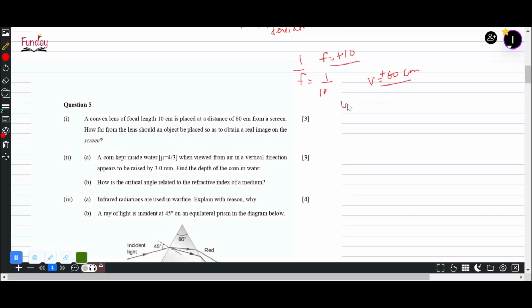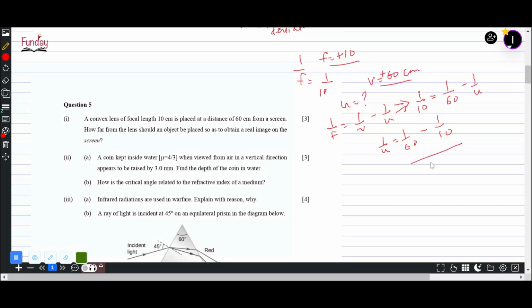So what do we have to find? We have to find U. Where should you place the object to get a real image? We'll use the lens formula: 1 by f is equal to 1 by v minus 1 by u. So 1 by 10 is equal to 1 by 60 minus 1 by u. That means 1 by u is equal to 1 by 60 minus 1 by 10.